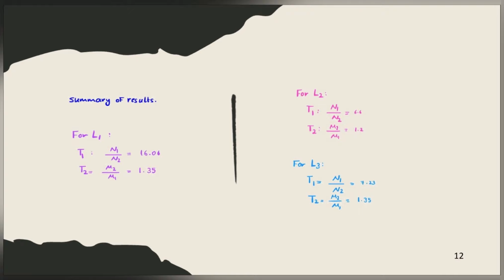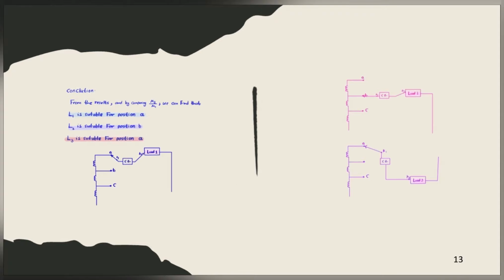We conclude that in load 1 and load 3, T2 is the same. So we conclude here from the result, and by comparing M2 over M1, we find that L1 and L3 are stable for position A and L2 is stable for position B.